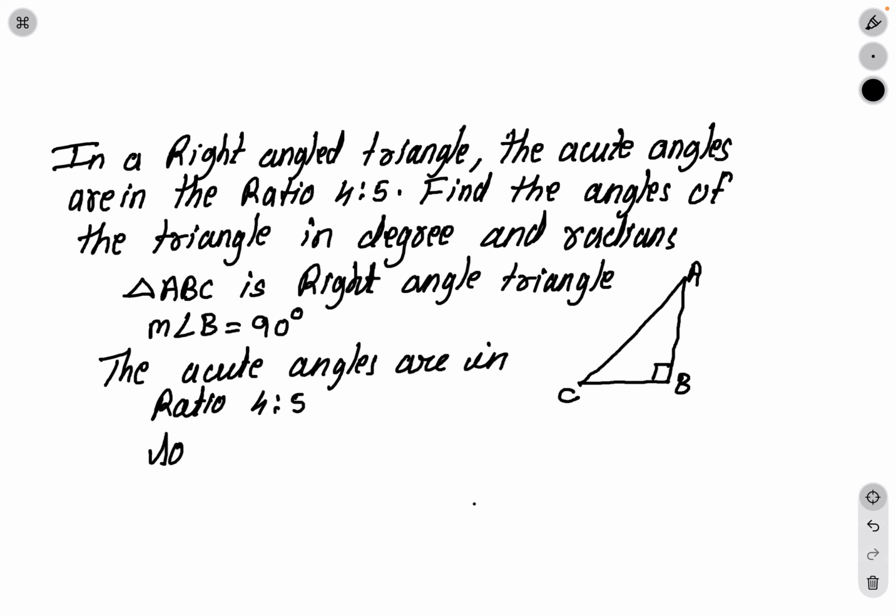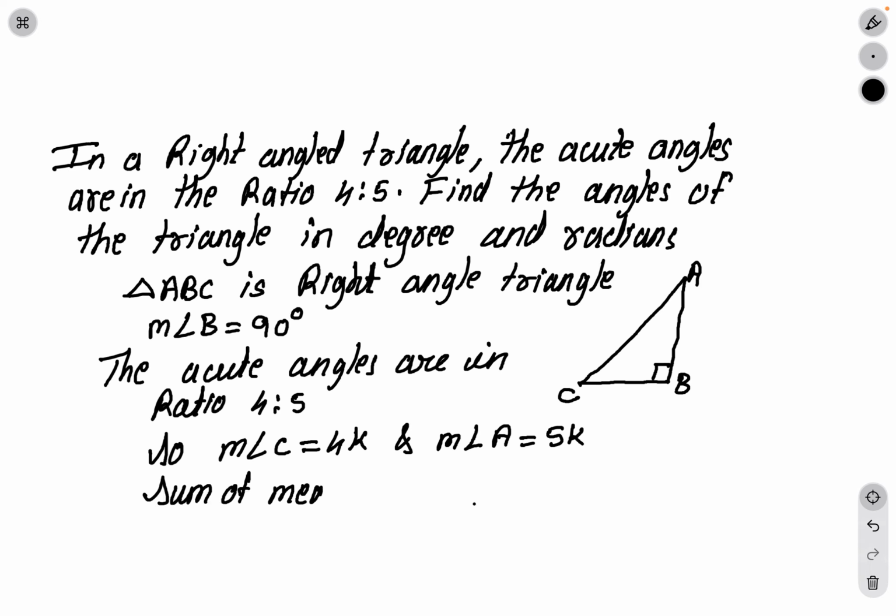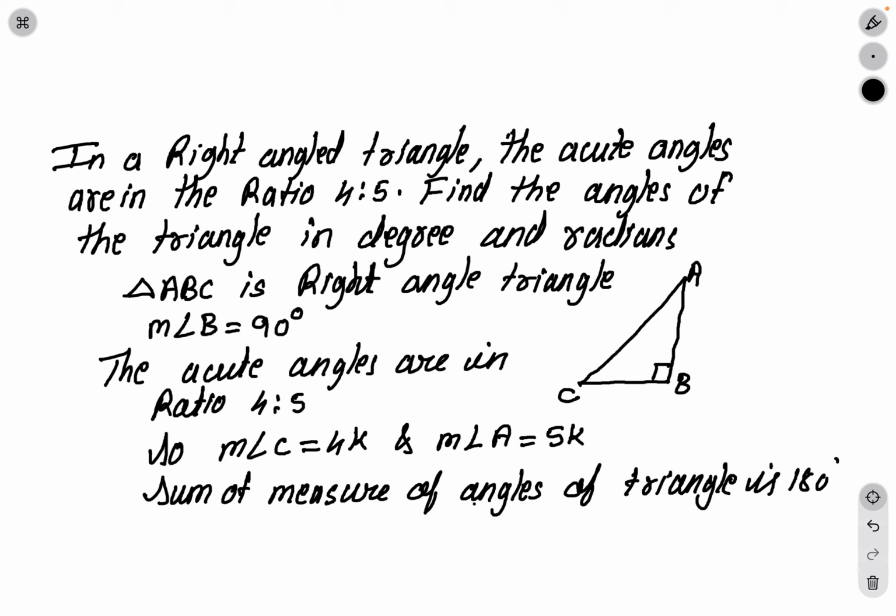So measure of angle C is equal to 4K and measure of angle A is equal to 5K. The sum of measures of angles of a triangle is 180 degrees.